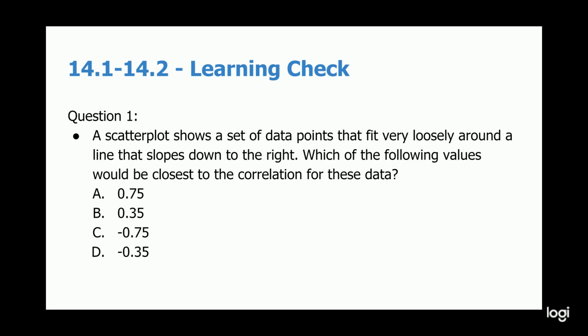We're going to end this first section with a learning check with our questions. So here's question 1. It reads, a scatter plot shows a set of data points that fit very loosely around a line that slopes down to the right. Which of the following values would be closest to the correlation for these data? Take a moment and choose your answer.